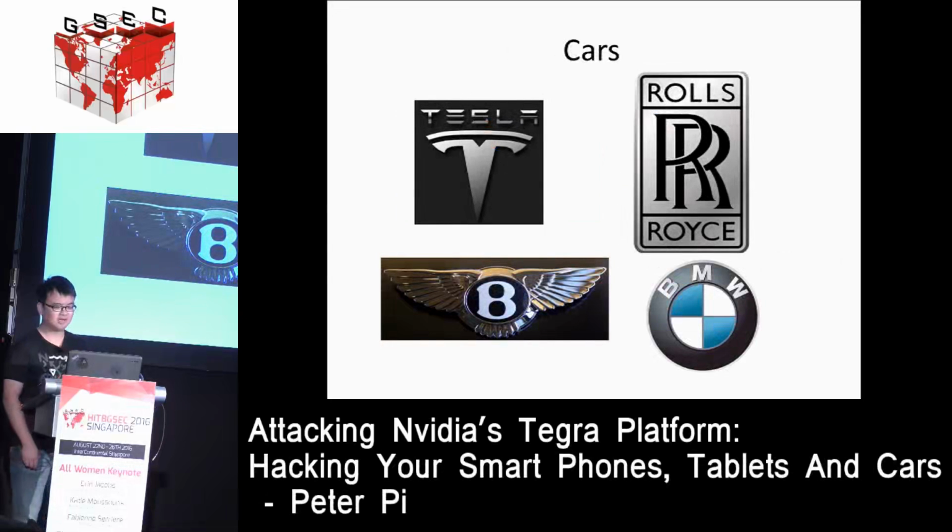There are also many car brands using Tegra platform, like Tesla, Rolls-Royce, Bentley, and BMW. So Tegra platform's security quality has widespread impact on our daily lives. Finding and patching Tegra's vulnerabilities is worth doing.